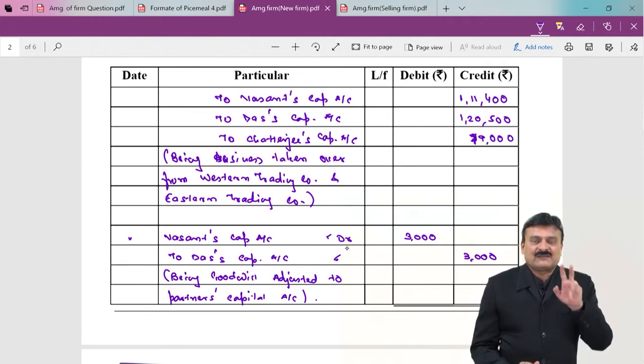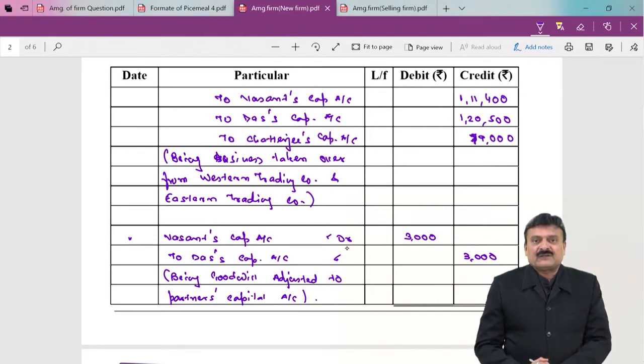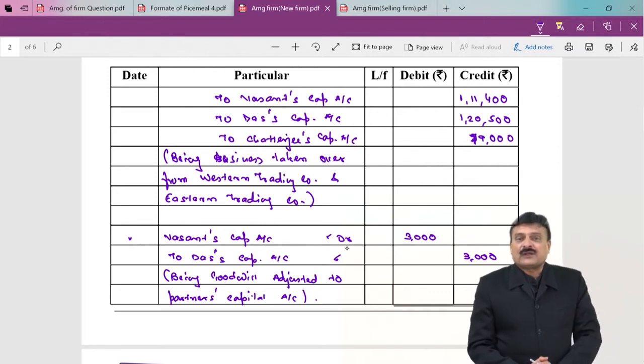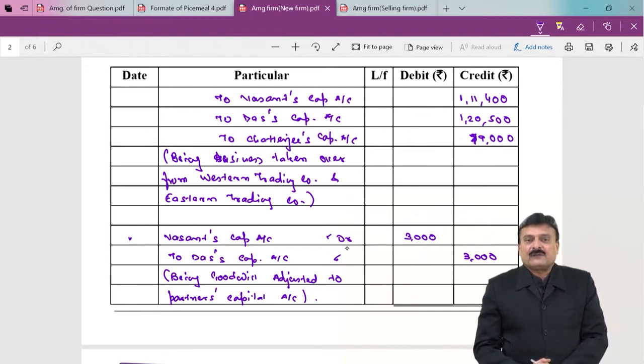Then you will make balancing of partners capital, and partners capital balancing difference will be either to cash bank or by cash bank. What does it mean? The partners whose capital is in excess compared to the required capital, they will withdraw cash, and those who are having a short capital, they will bring additional cash.